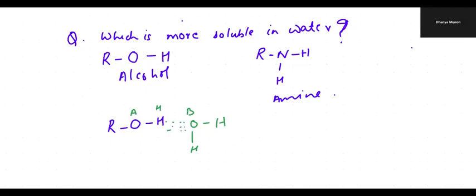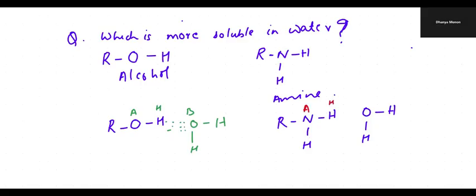Similarly, in amine, I have R, N, H, H. This is oxygen, hydrogen, hydrogen. So this is AHB.